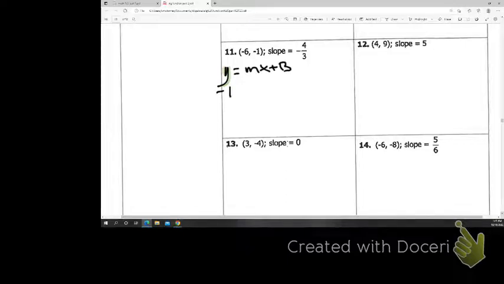So negative 1 is equal to negative 4 over 3 times negative 6. And that's usually what I'll do, just write it that way so I don't forget about it. So negative 4 times negative 6 is positive 24. Divided by 3 is 8.